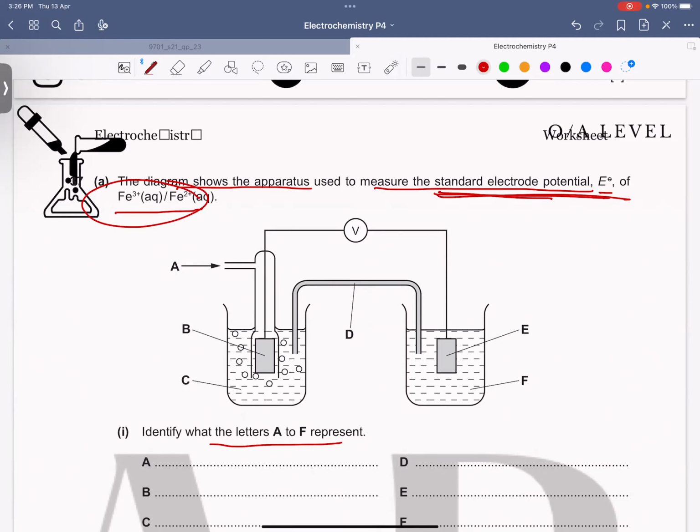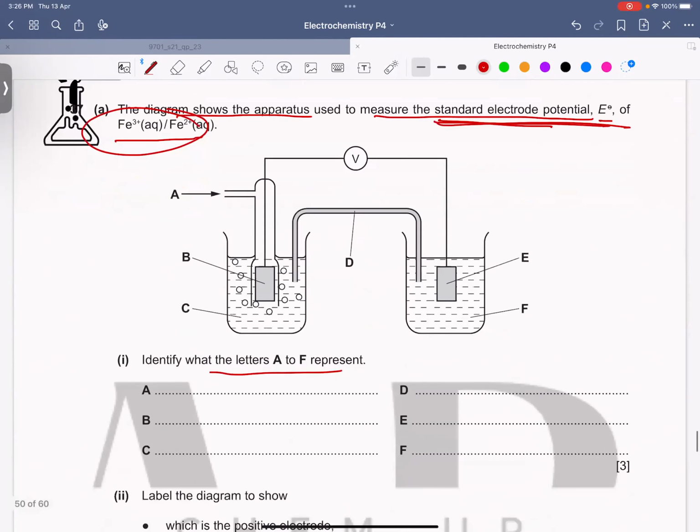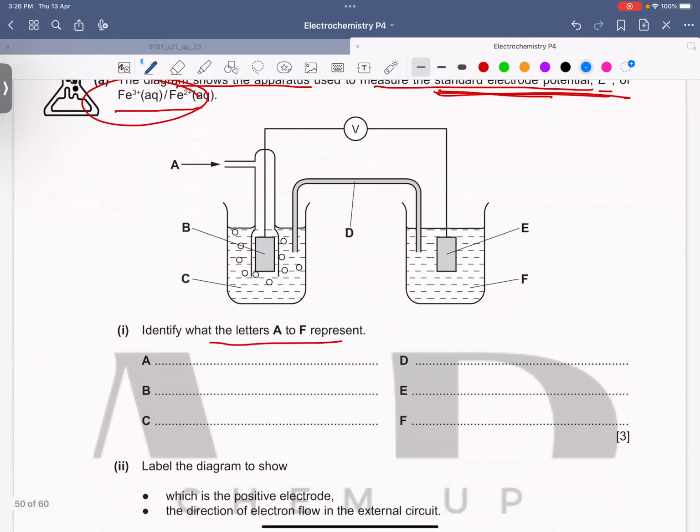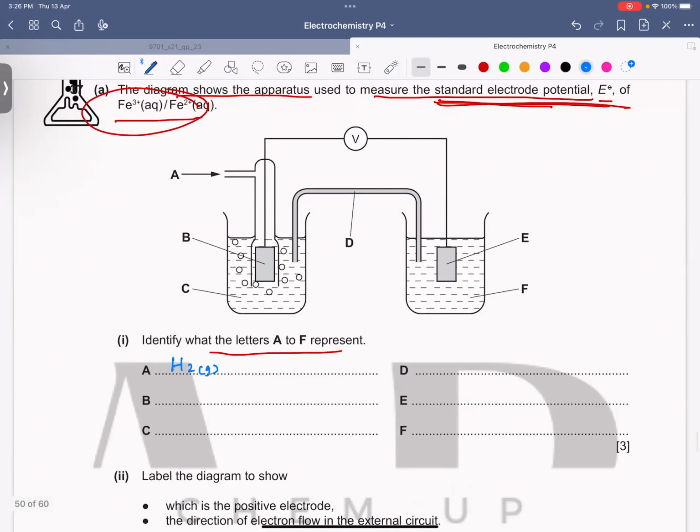Okay. So here we would write hydrogen gas, and as we are finding the standard conditions, it would be 1 atm.